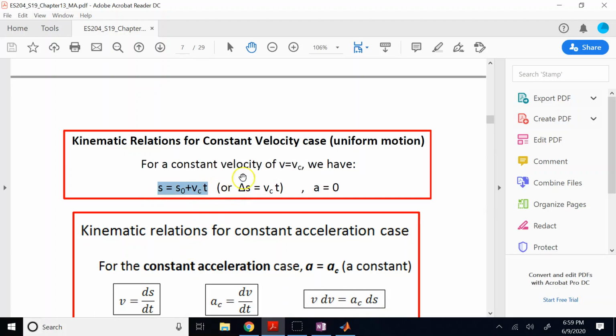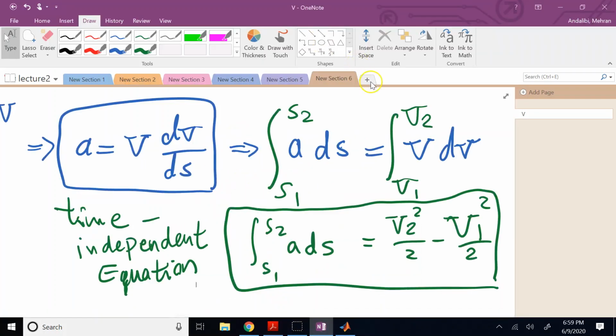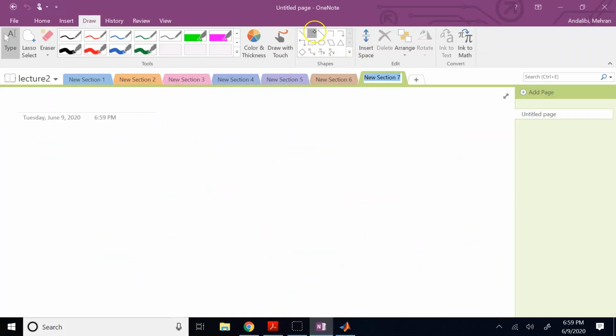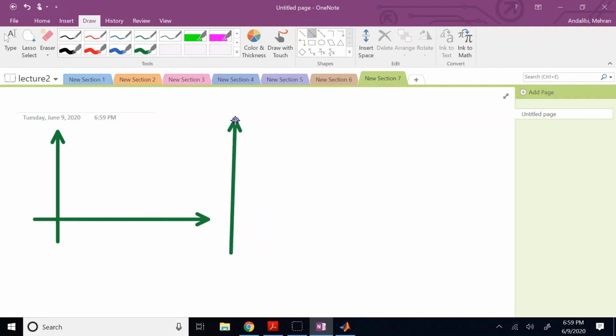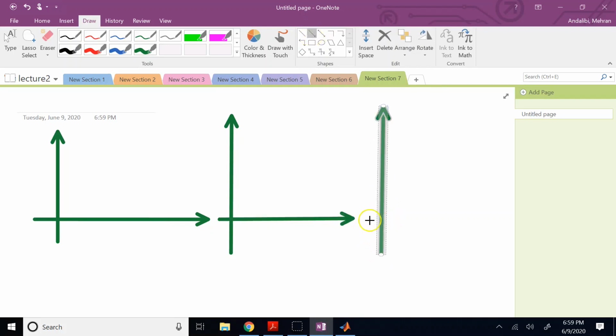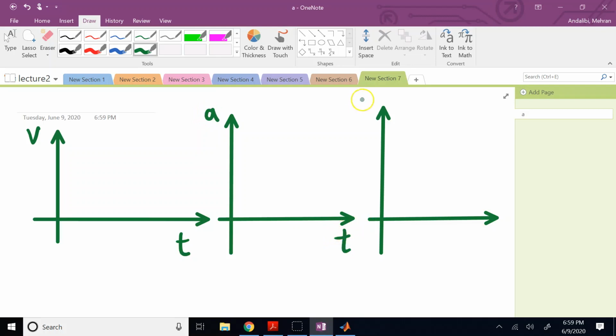Okay? So this is called a uniform motion, and graph-wise, this is v versus t, this is a versus t, this is s versus t.